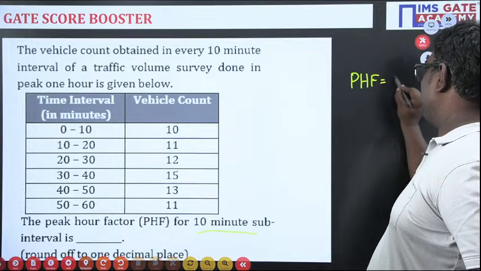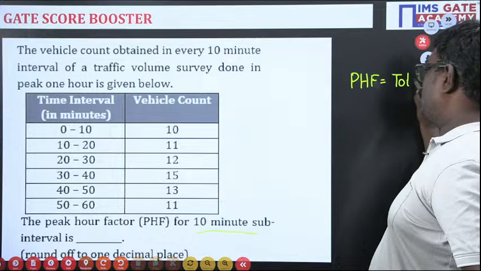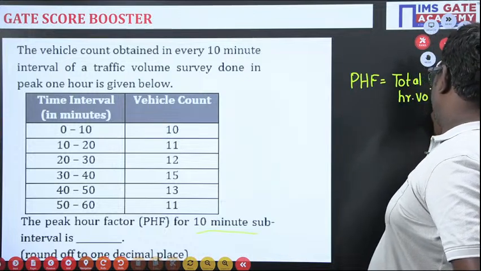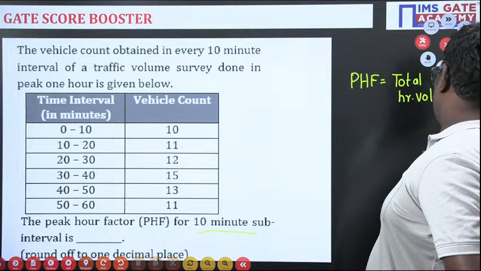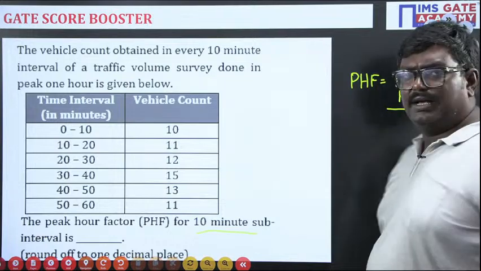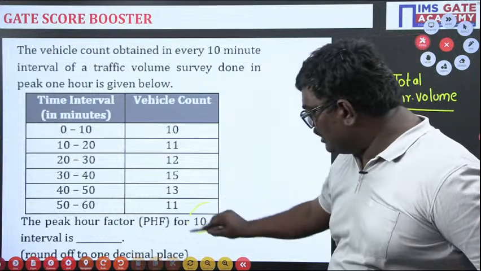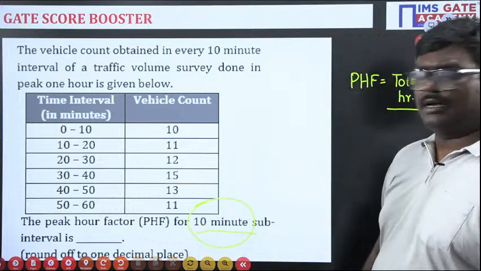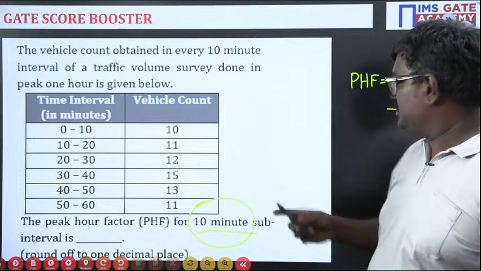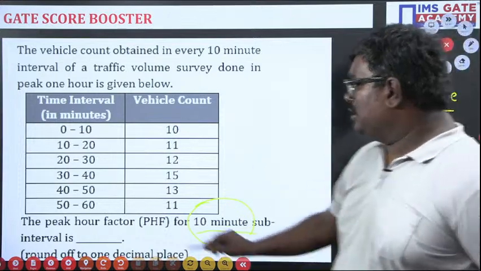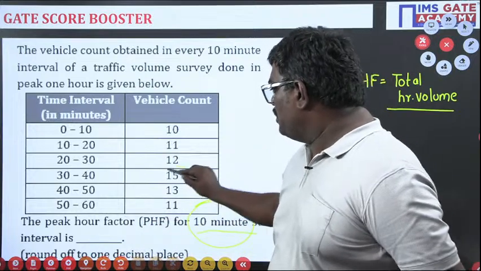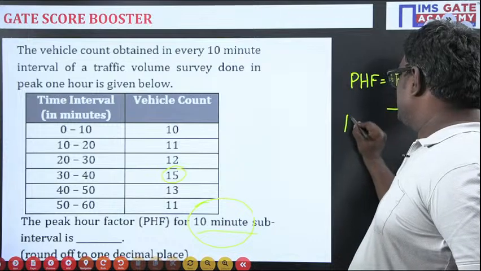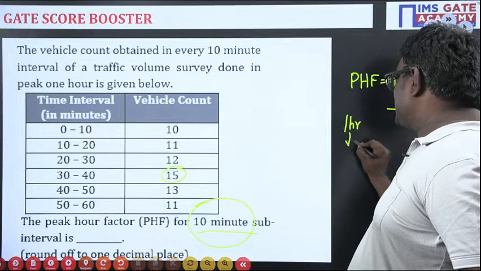So peak hour factor, can I write it as total hourly volume, okay sir, divided by what? They have asked you for which time interval, sir? The 10-minute time interval, right? And remember, students, they have asked for the 10-minute time interval. And what is the peak value we have? Peak value is 15. So for 1 hour, how many 10 minutes are there? 6.